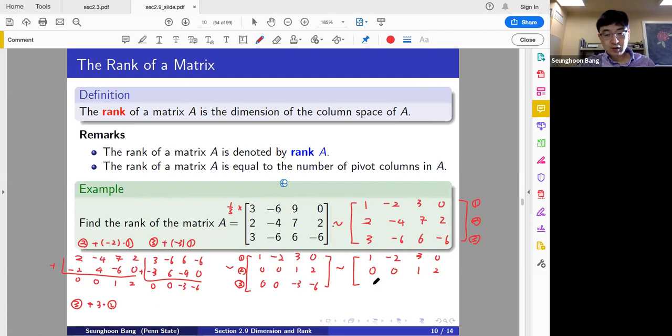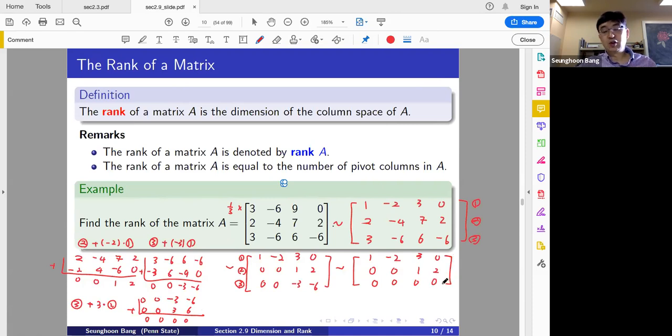The third row is 0, 0, -3, -6, and 3 times the second row is 0, 0, 3, 6. You add it, and we have 0, 0, 0, 0.